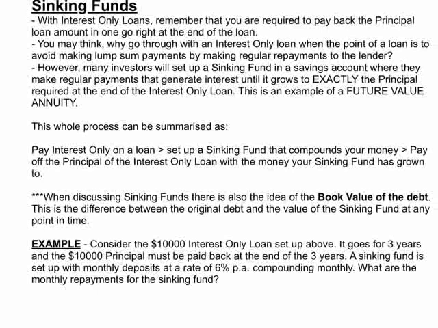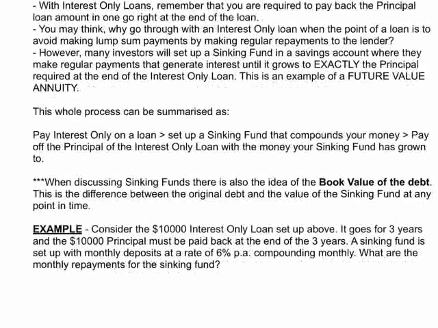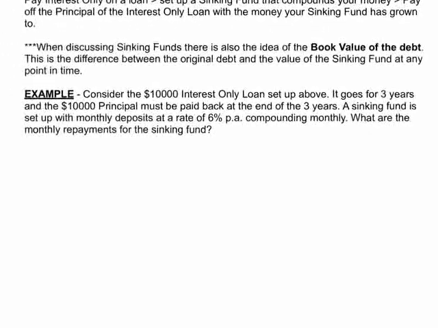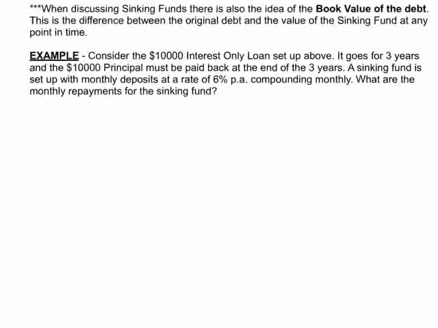Well, you set up a sinking fund. And there's the idea of book value of the debt, which is the difference between that sinking fund, where you're slowly putting money into the account and it's compounding, and the original debt in the first place. So let's sort all this out. It might be a bit of a whirlwind for you right now, but if we do an example, it should all bring it together, okay?